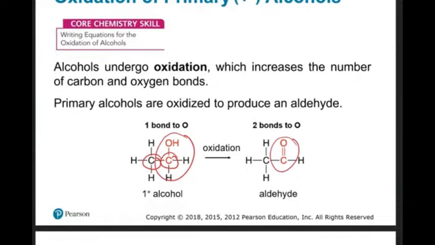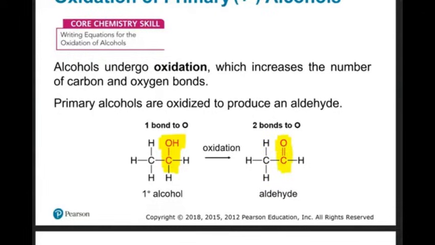Compare the molecule on the left, ethanol, to the molecule on the right, acetaldehyde. How many bonds are between carbon and oxygen in the left molecule? One. And how many hydrogens do we have here in that particular group? One, right? One hydrogen, one bond between carbon and oxygen.